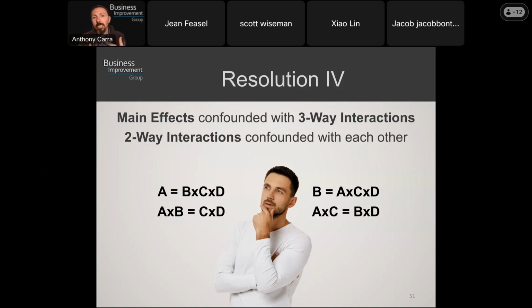So if I see A or B, C, D, I'm leaning a little more towards A. It's probably more likely A. Similarly, if I have B with A, C, D, I'm going to lean a little more towards B. Now, we can also have two-way effects confounded with other two-way effects. But here too, if I'm pretty confident in my main effects, I probably have all the information I need to pull out of a resolution 4 design.